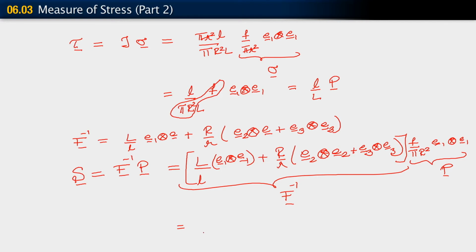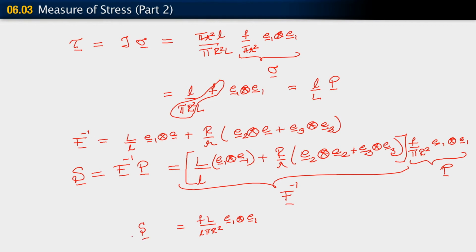The only thing that survives then is F capital L over little l pi capital R square E1 tensor E1. This is S.